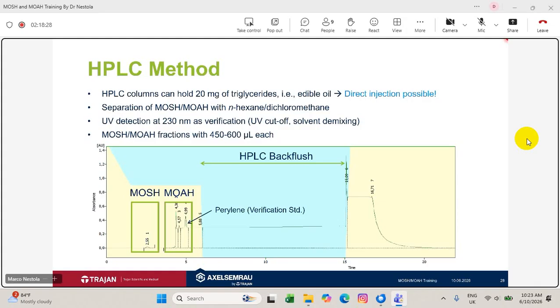With a very long used column, over, let's say, 1,000 to 2,000 injections, when you connect isopropanol to it, you will suddenly get colored stuff out of it. So colored substances all absorb on the column because dichloromethane is not strong enough to elute these compounds.